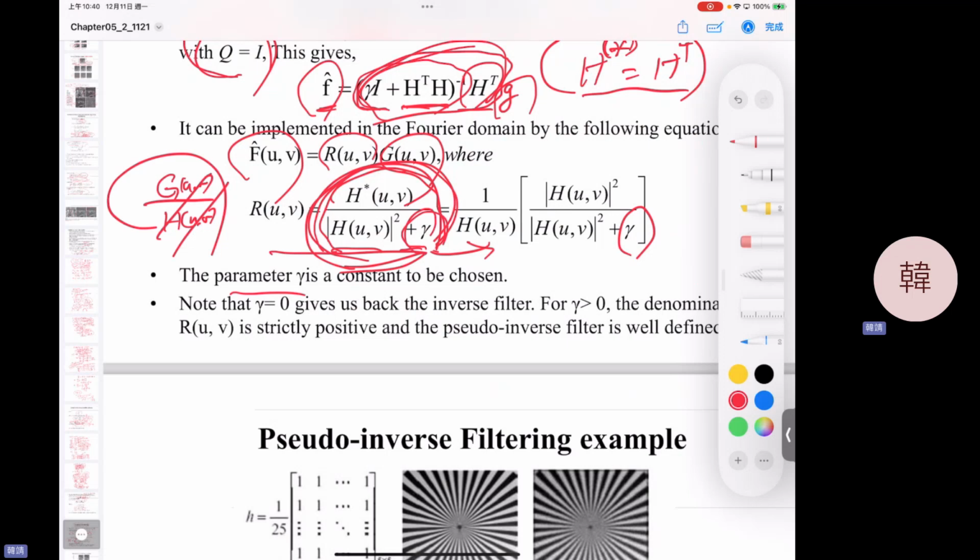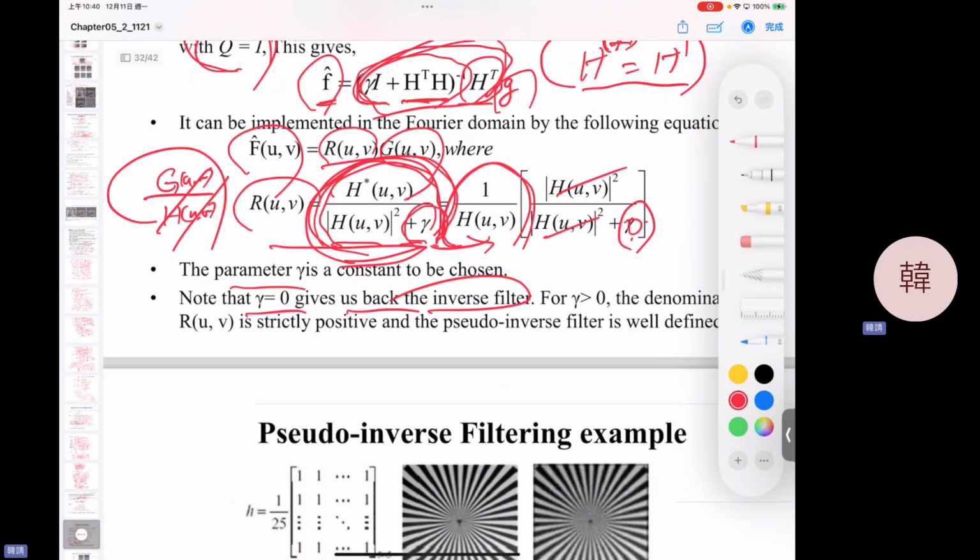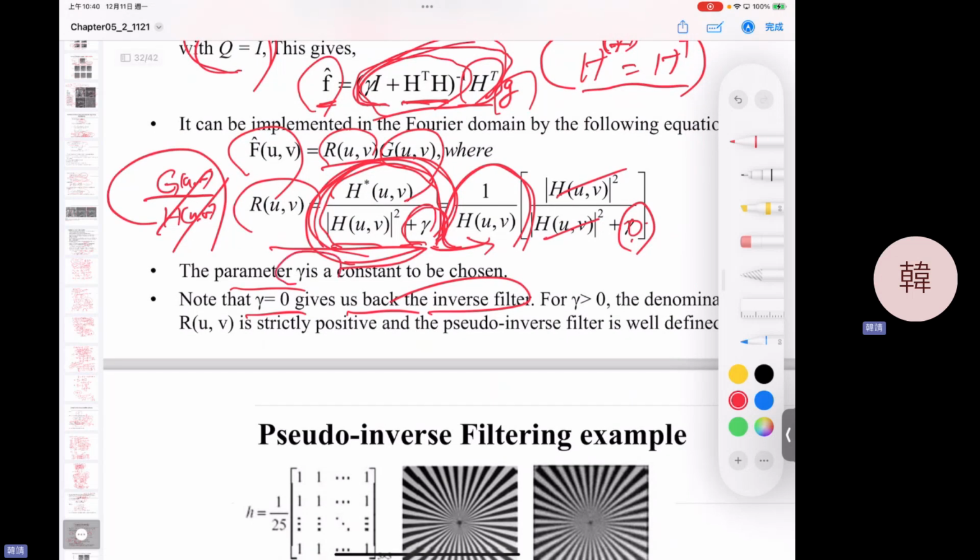If gamma equals 0, you take it back to the inverse filter again, because gamma is 0, it will be cancelled out, and only this is left. It's an inverse filter again, right? Your R(u,v) becomes 1 divided by H(u,v), so it's the inverse filter again. So your gamma is important to protect against some huge error there. So you have to choose this gamma.